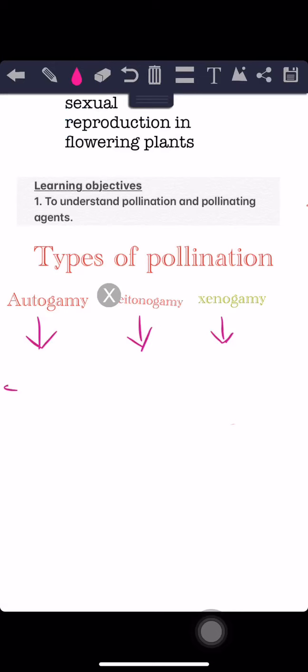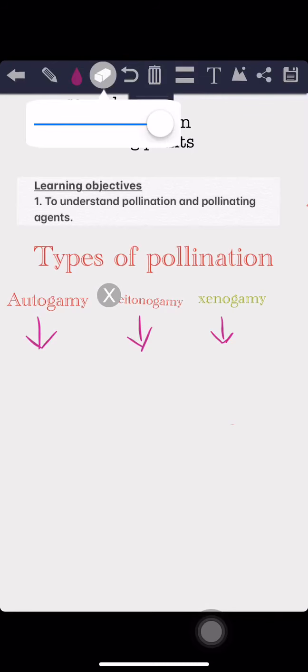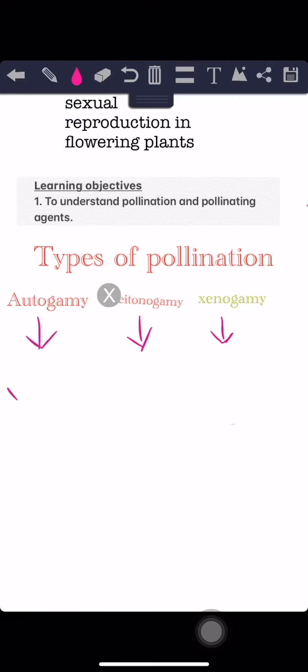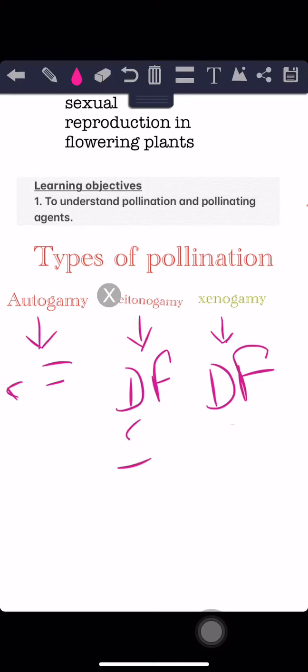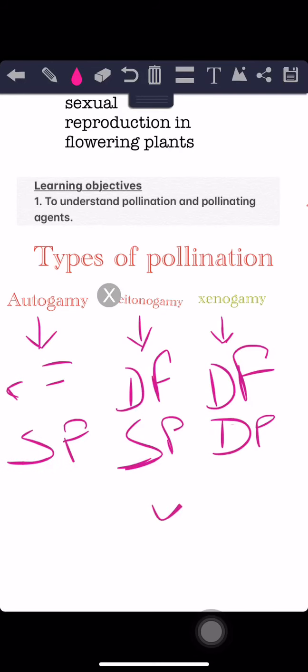Whereas geitonogamy is having different flowers, same plant. And xenogamy has different plants. You got it. This is the major difference between all these.